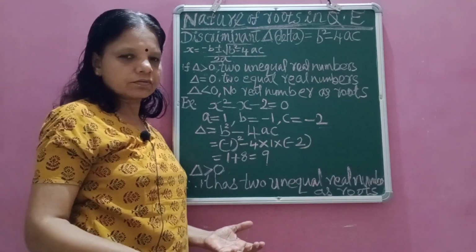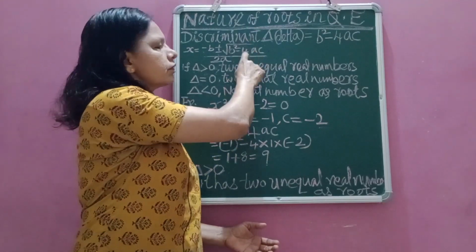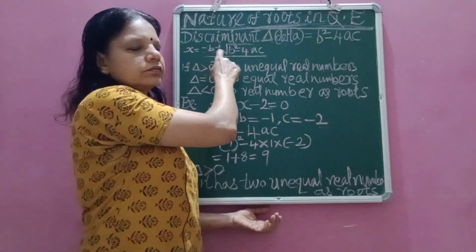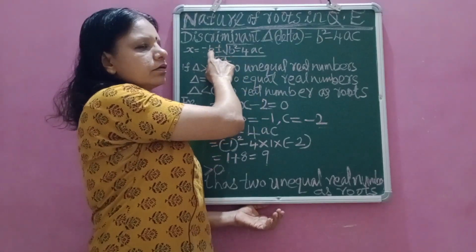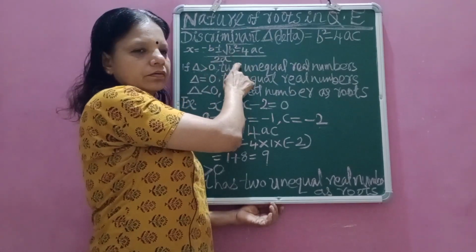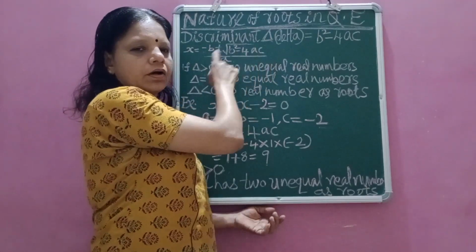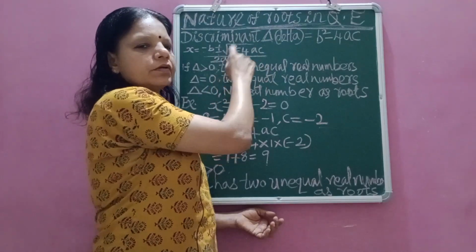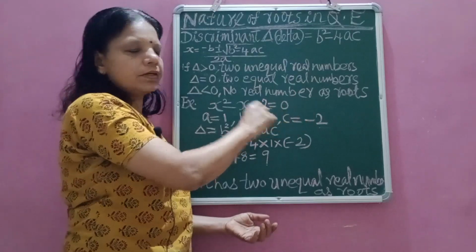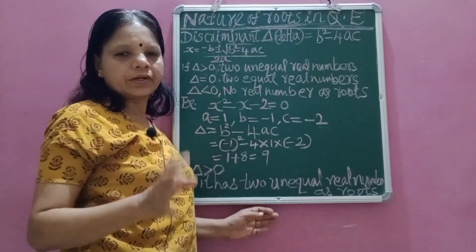Square root of 0 is also 0. So what you will get? The solution minus b plus or minus 0 upon 2a, or minus b plus 0 upon 2a, or minus b minus 0 upon 2a. So both the roots will be minus b upon 2a.